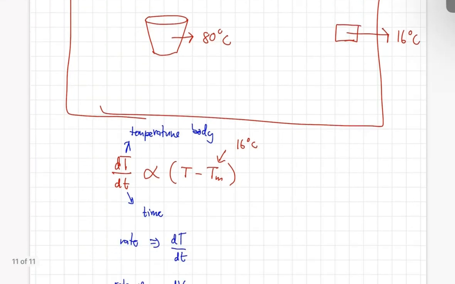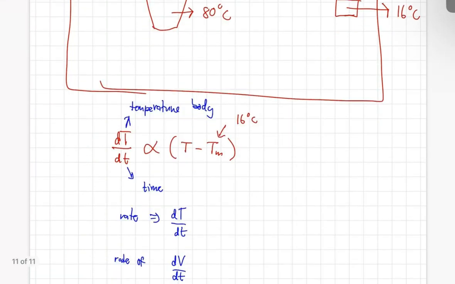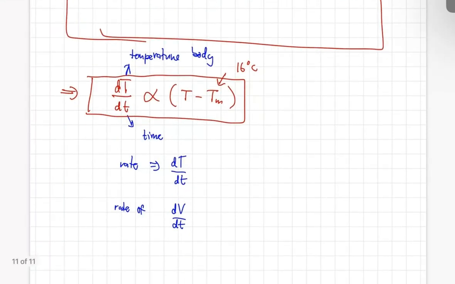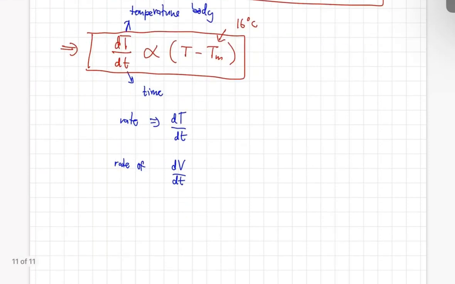So when we have this equation, this is a differential equation, but this is just a mathematical representation of what Newton said. Newton said that dT over dt, the rate of body temperature, is proportional to the difference between the temperature of the body and the medium.